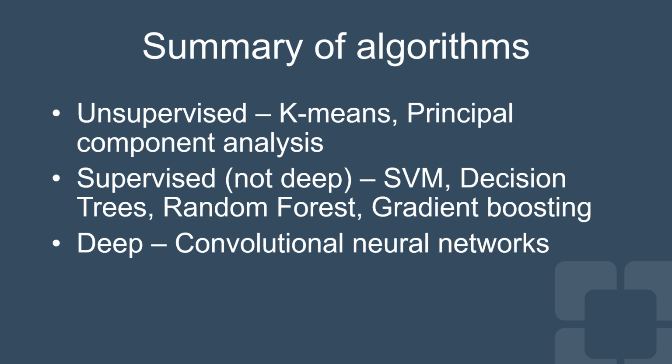For traditional supervised learning, where there is feature engineering done, you will have terms like support vector machines, decision trees, random forest, or gradient boosting. And for deep machine learning, where there is no feature engineering required, this is commonly used for perceptual data, and the tools used are convolutional neural networks.